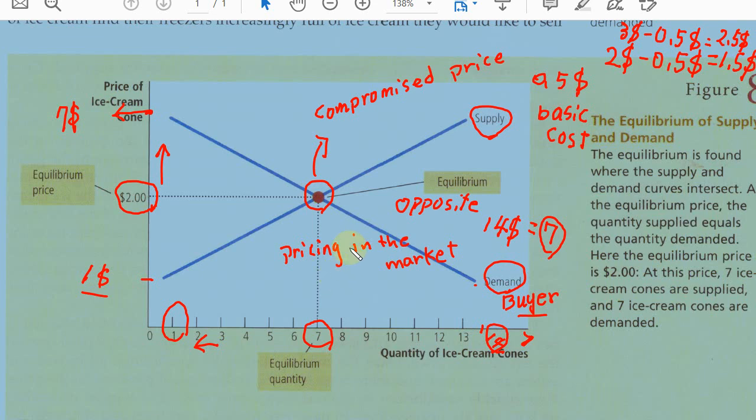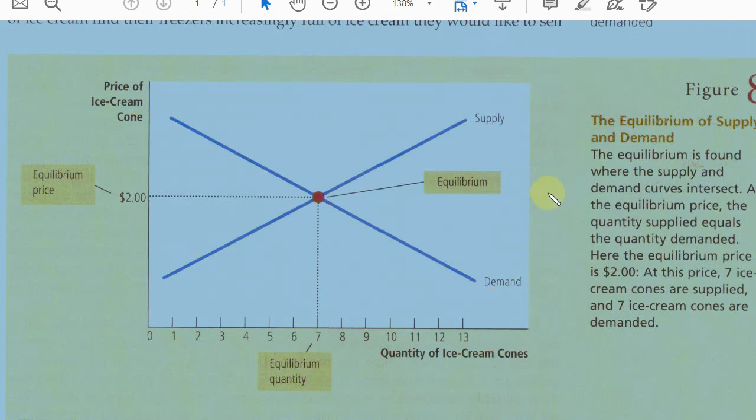Adam Smith stressed that the market price is automatically regulated by demand and supply through the price.